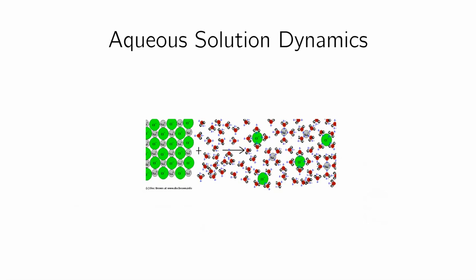When the NaCl molecule goes into water, what happens is that the Na+ ion and the Cl- ion actually separate, and water molecules kind of huddle around. This is called solvation. They solvate the ions like that.